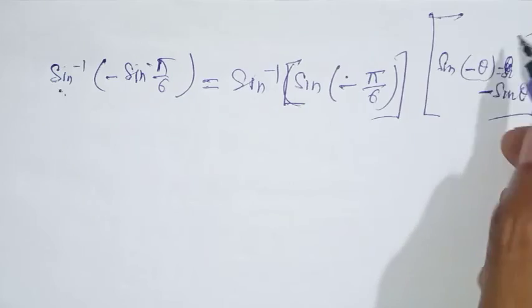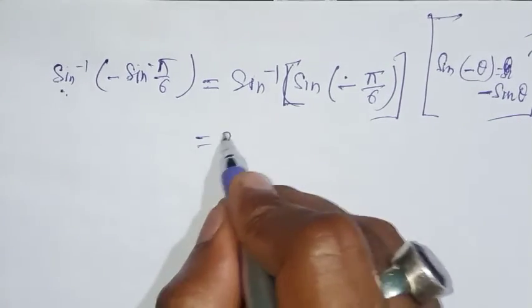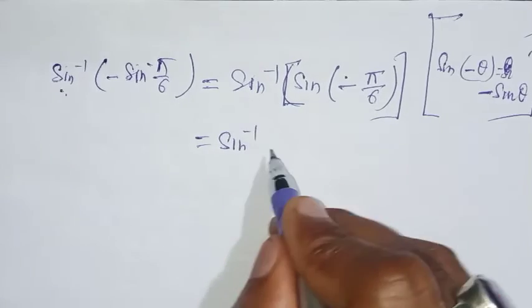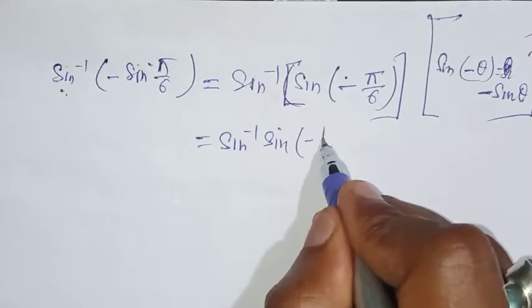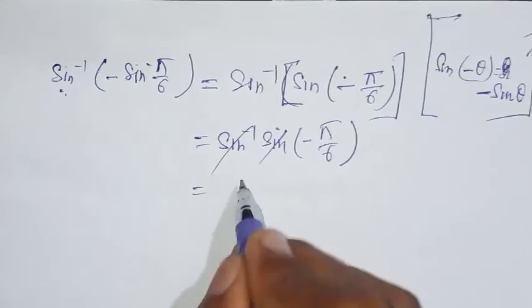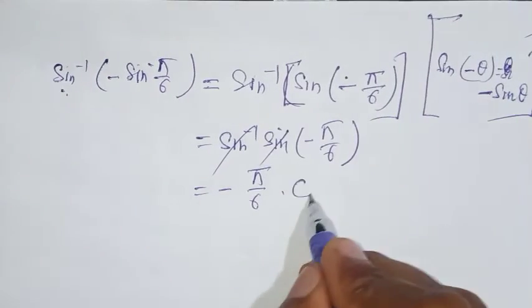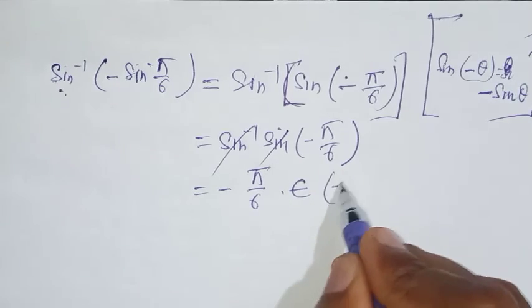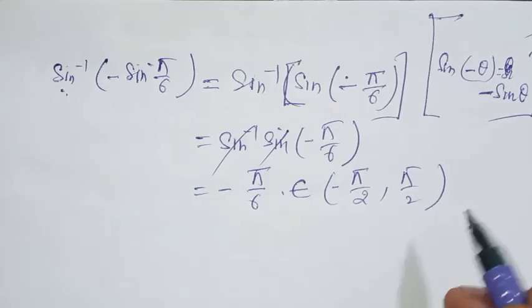This formula we have to apply here. That's why we can write it like this, sine inverse sine minus pi by 6. This cancels. We are getting minus pi by 6, which belongs to minus pi by 2 comma pi by 2.